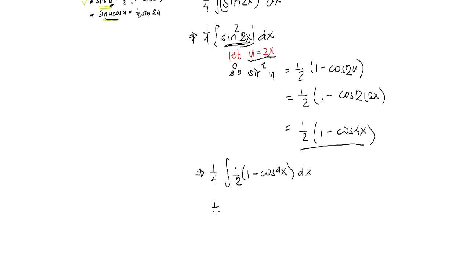Simplifying it further, we have 1/4 times the integral of 1/2 dx minus the integral of 1/2 cosine 4x dx.